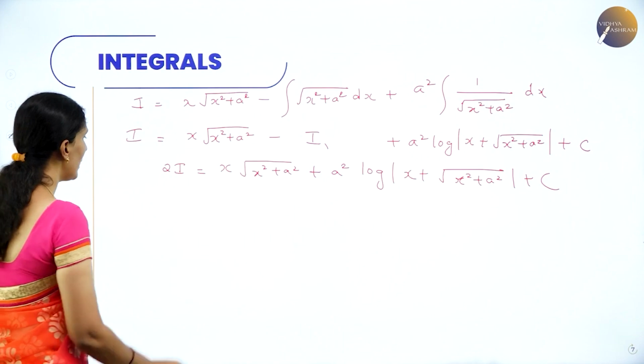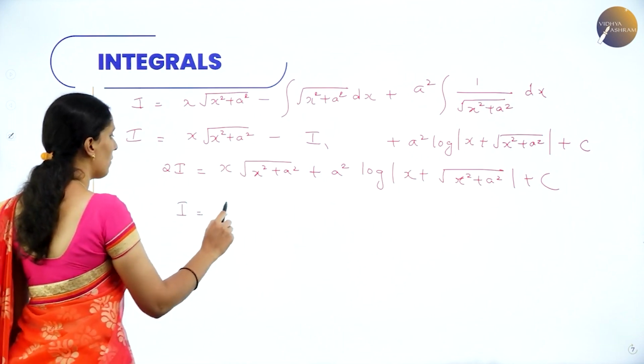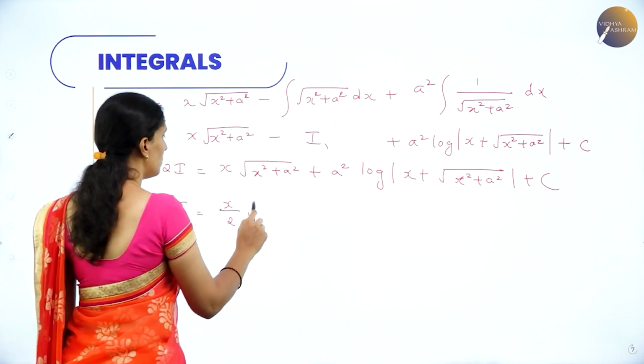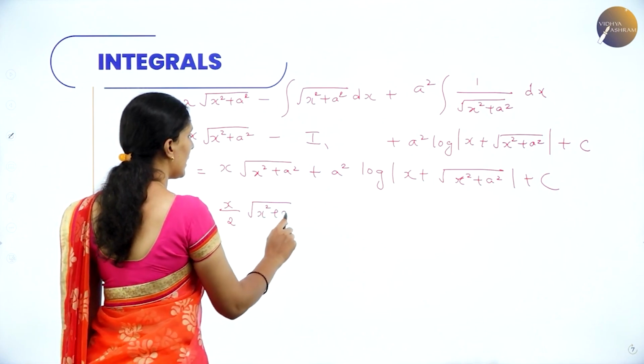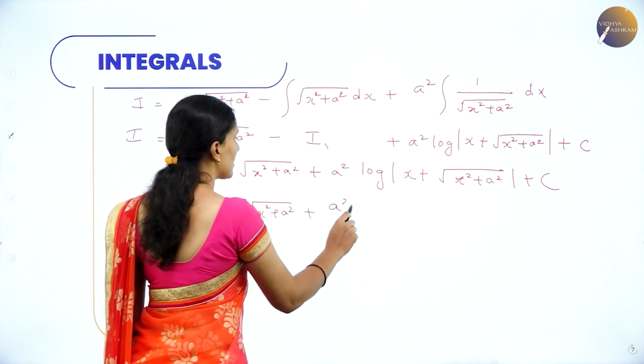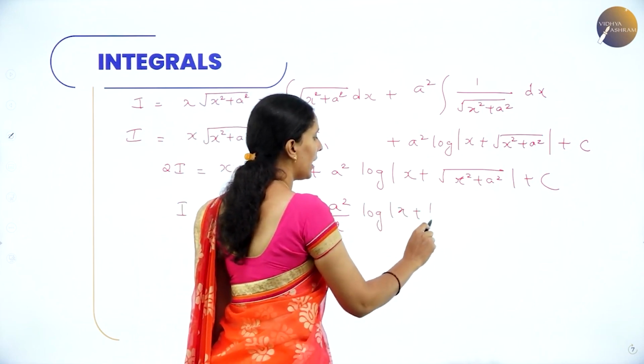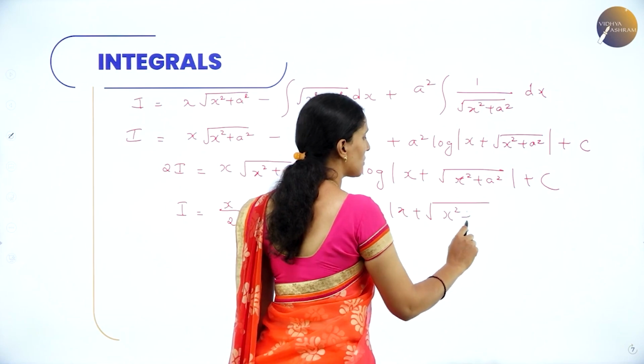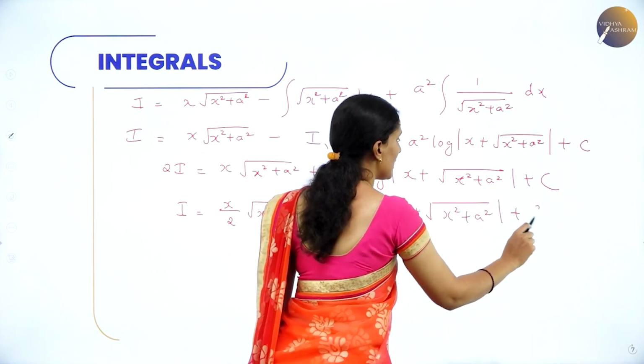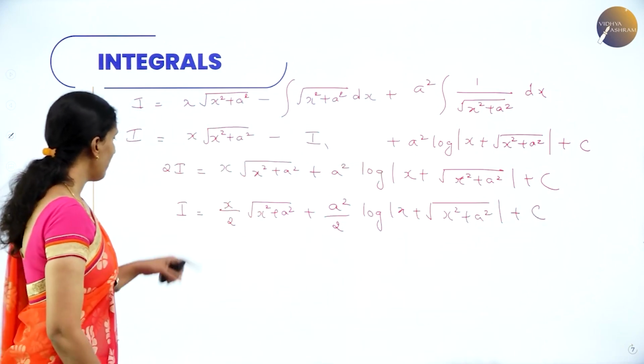Now here I need only I. So therefore I is equal to x divided by 2 root of x square plus a square plus a square divided by 2 log of x plus root of x square plus a square plus integration constant. What is I we have taken?